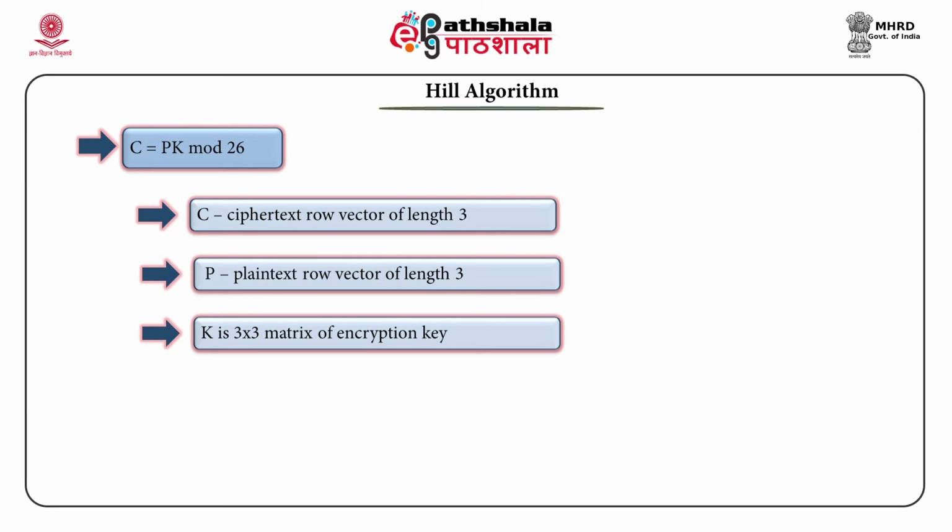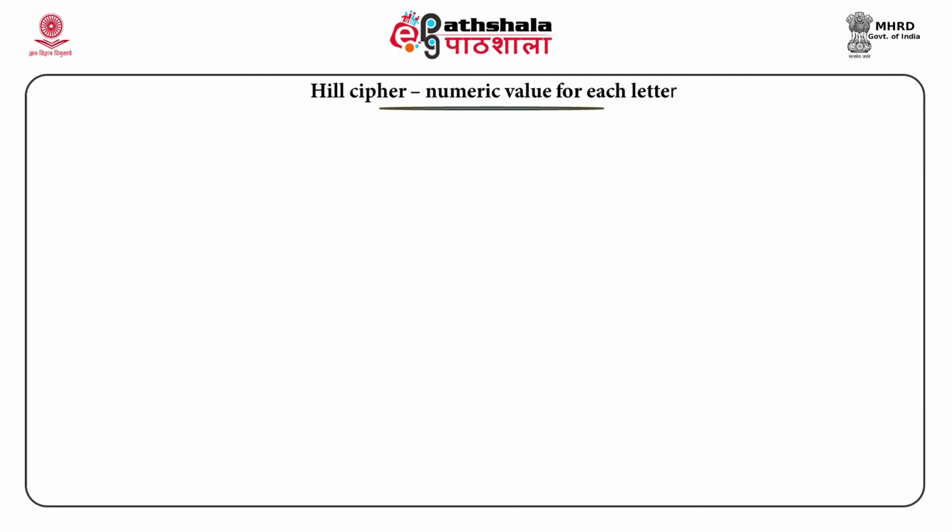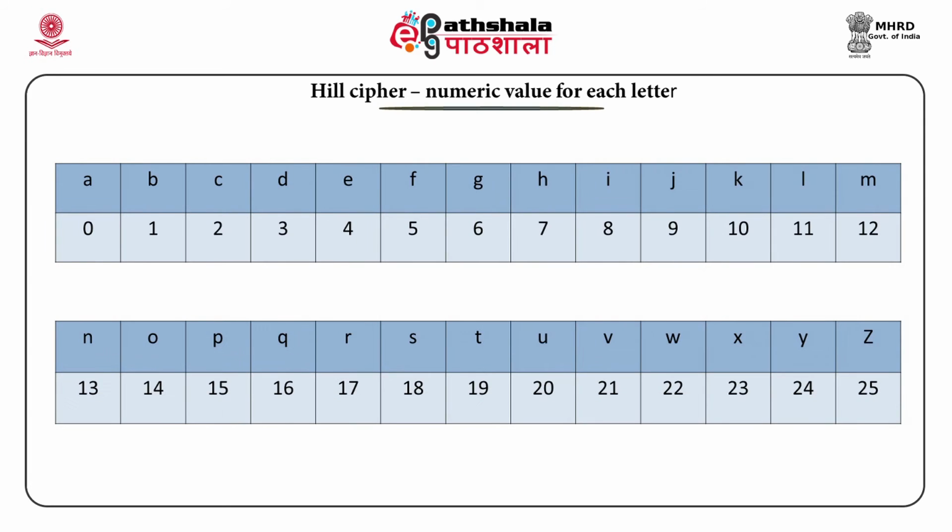If key is of order 3 by 3 matrix, then ciphertext should be of length 3 and plain text should be of length 3. You are clear how to assign numeric value to the English alphabet. A should be assigned 0, B 1 and Z 25.